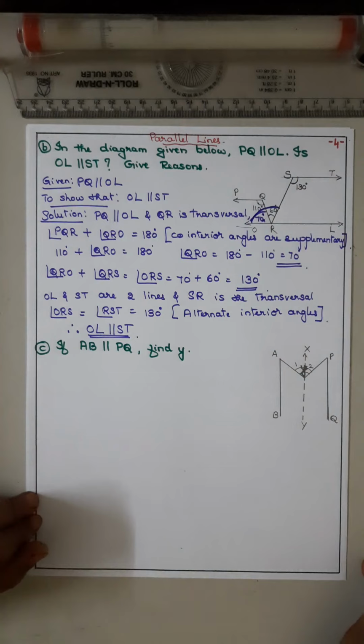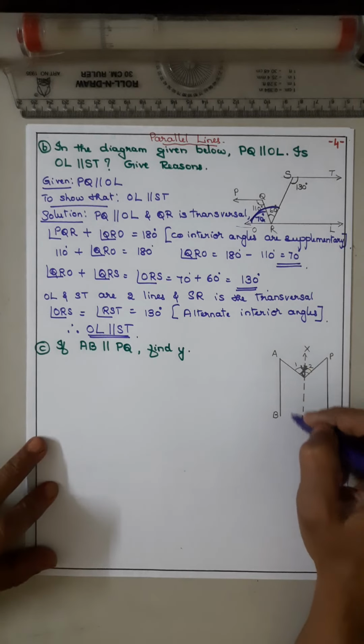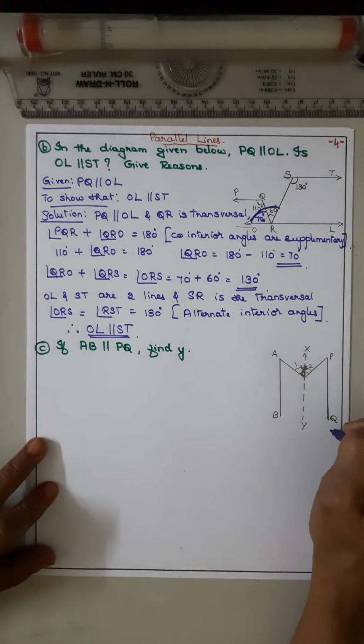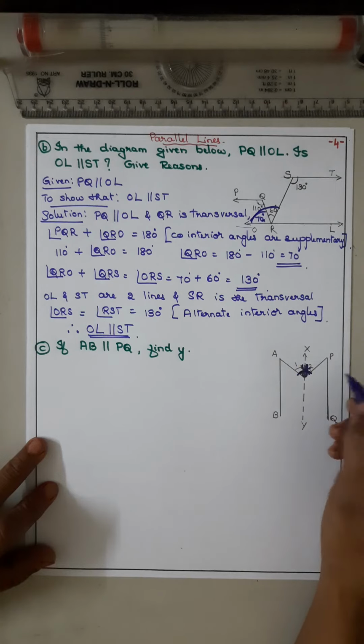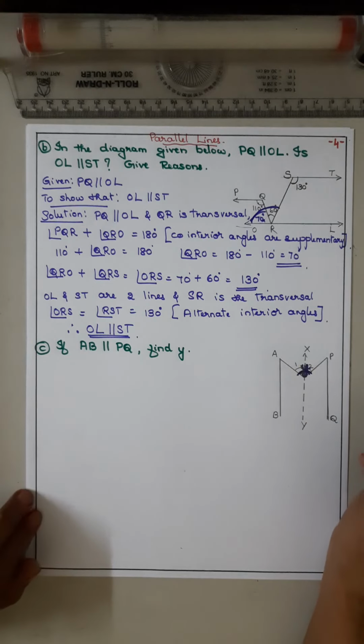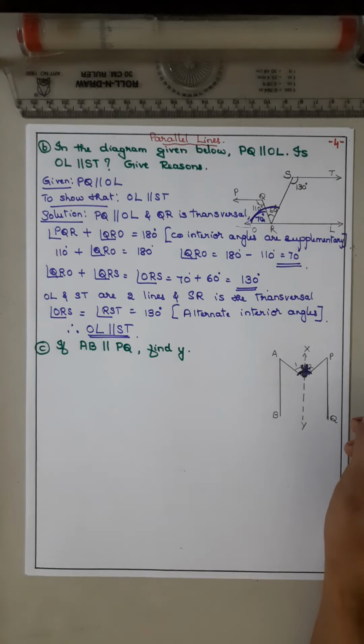Okay. Now, coming to question number C. See, AB is parallel to PQ. They have asked to find this full angle Y. But for that, you can't do it directly.